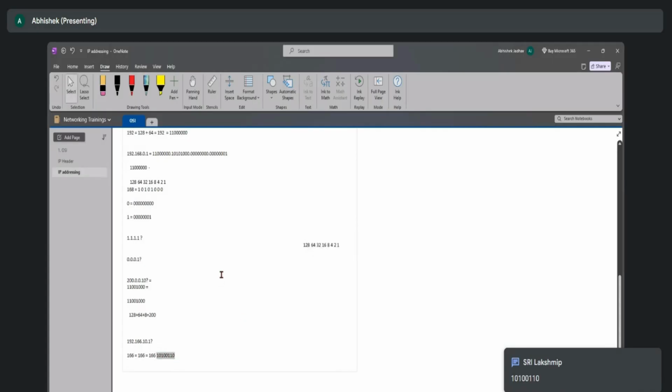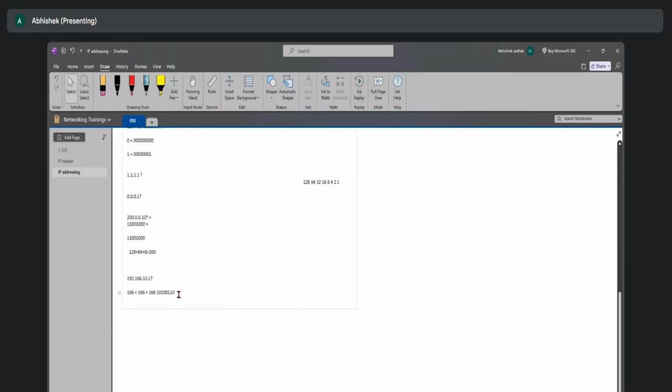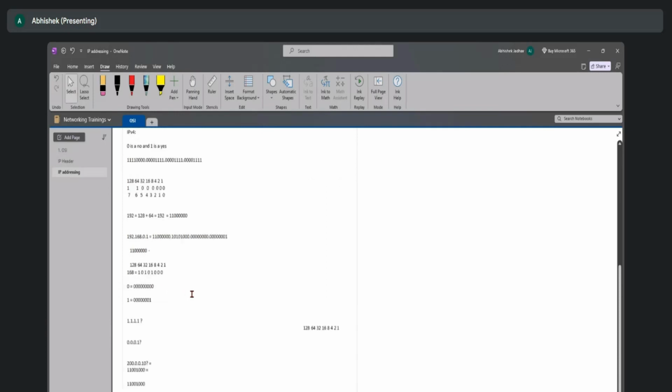Now, the important thing is how we convert an IP address into binary. Apart from this, regarding IP, you need not understand things, but if you understand this, that's more than sufficient. Like how we are converting a value into binary. This is a little bit useful in some scenarios.